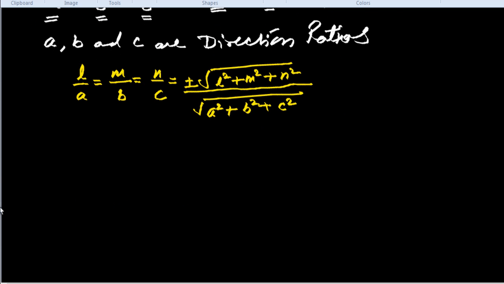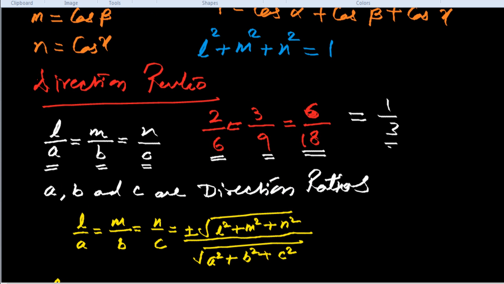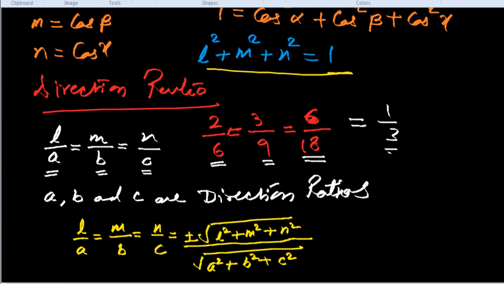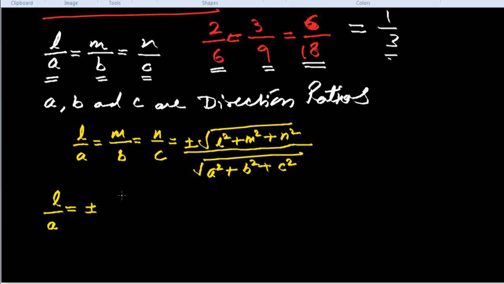So l over a is equal to plus minus, because l square plus m square plus n square we already know is equal to 1, so you put here 1 over root a square plus b square plus c square.